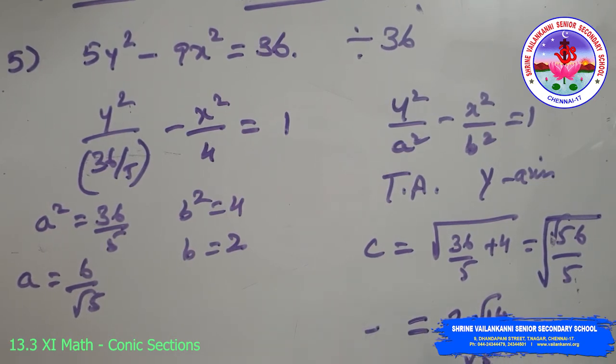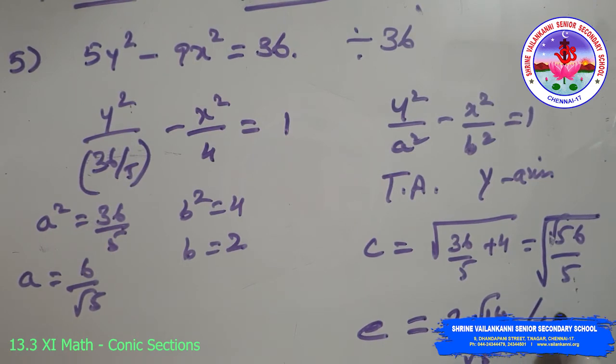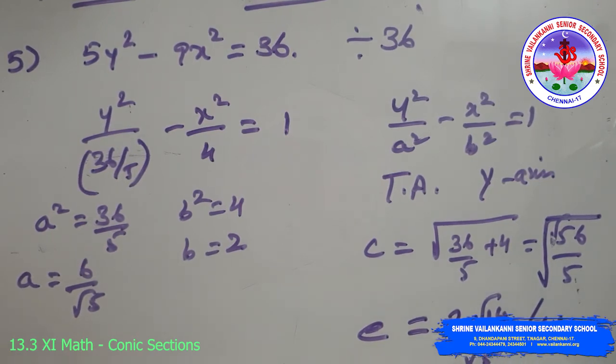So e = c/a, where a is 6/√5, so we get √14/3.